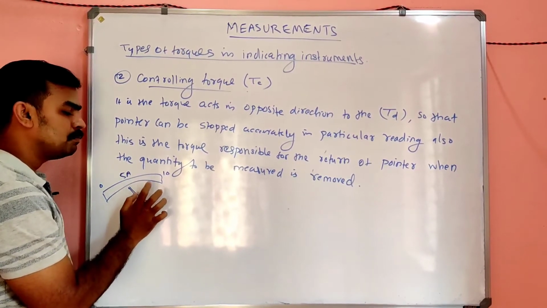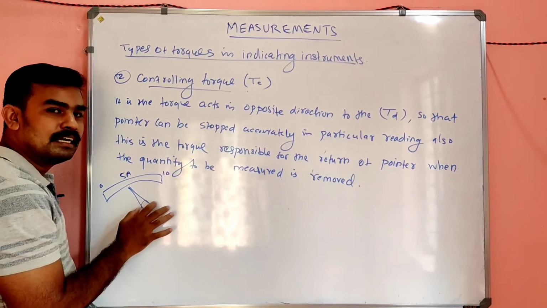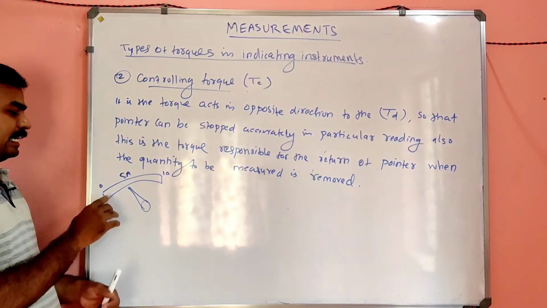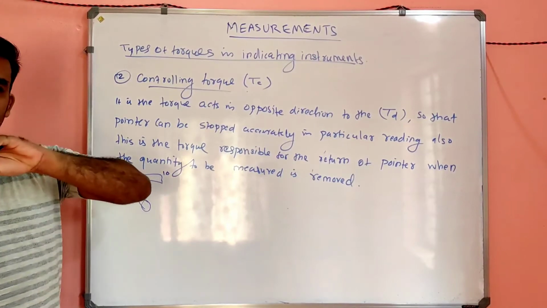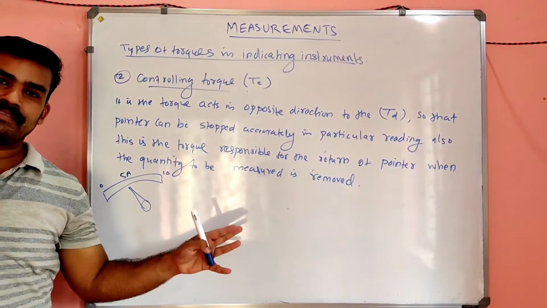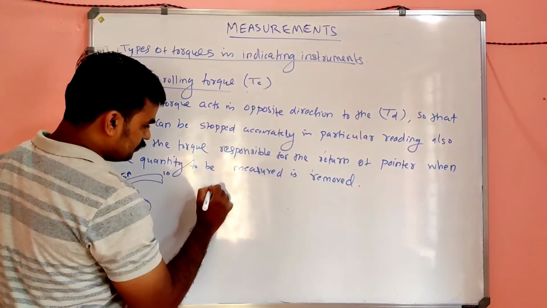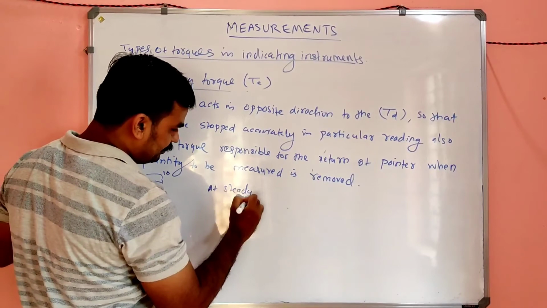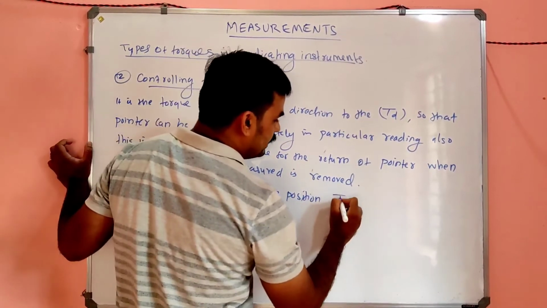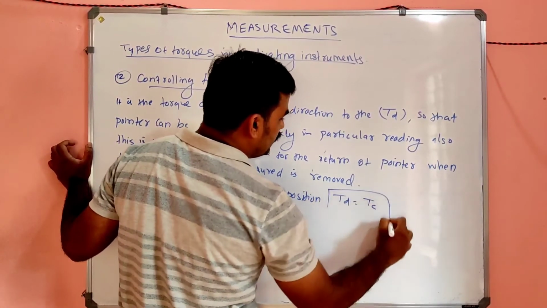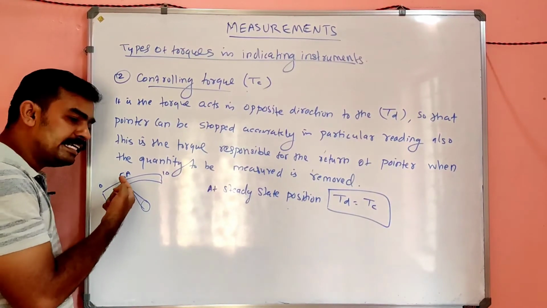To avoid that, an opposing torque will be there inside, so that when the deflecting torque increases, correspondingly another torque opposes it. At steady state, the deflecting torque and the controlling torque should be equal. Then only we will get the corresponding reading.